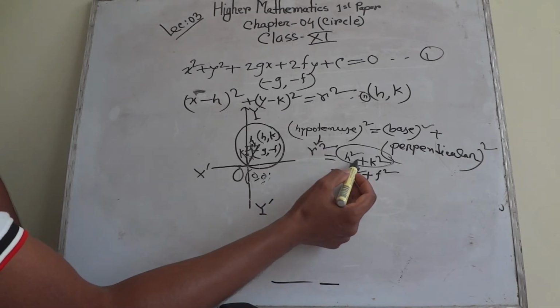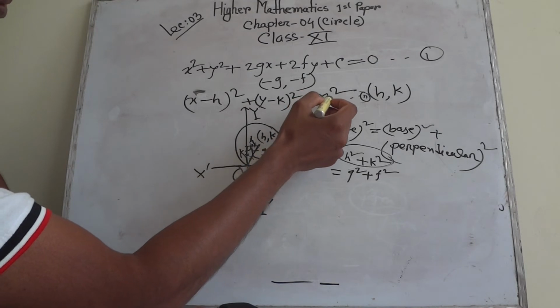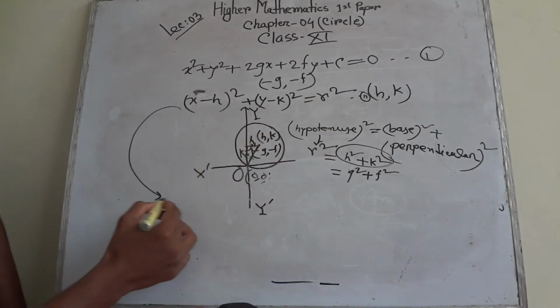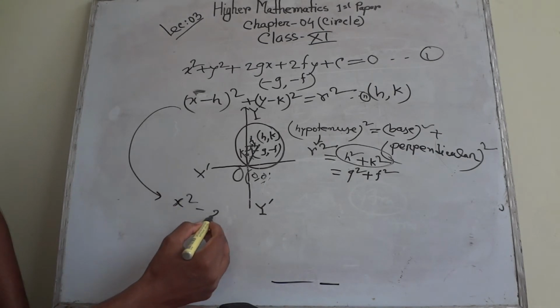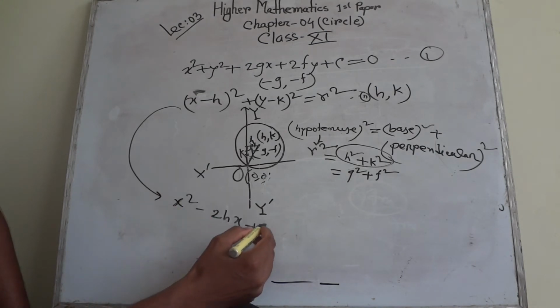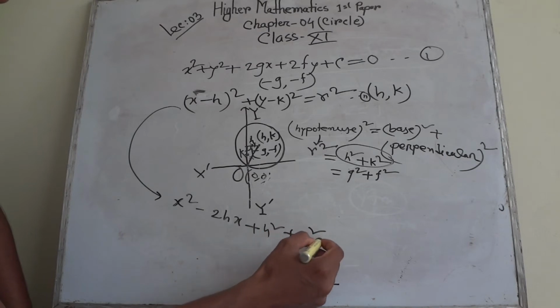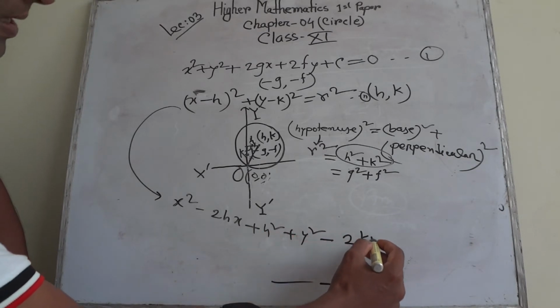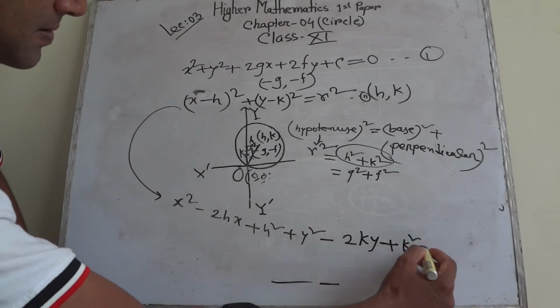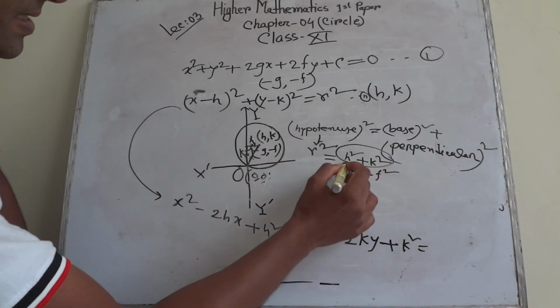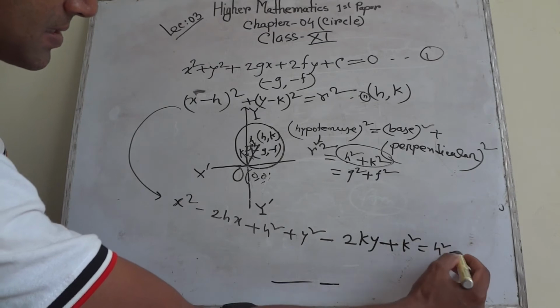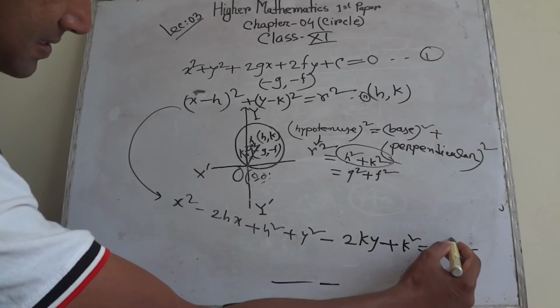Now putting this in equation 2, after calculating we'll get x square minus 2hx plus h square plus y square minus 2ky plus k square. The right side will be r square, meaning h square plus k square.